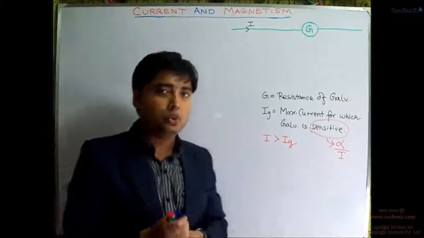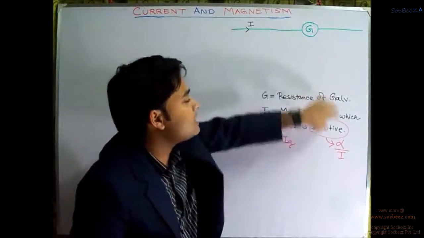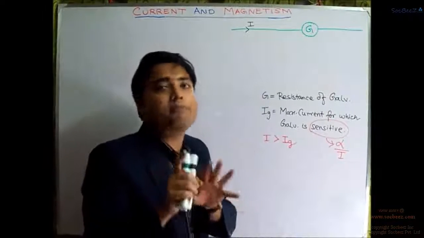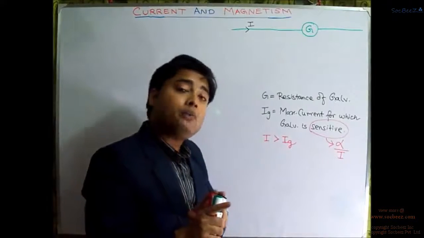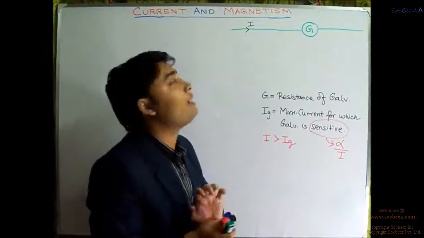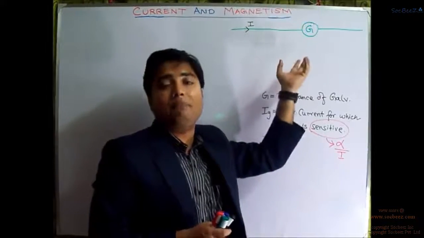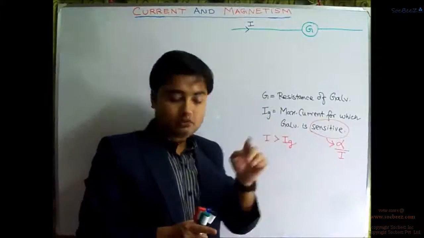So what we need to do is keep the sensitivity of this galvanometer fixed. Let us not decrease the sensitivity, but we have to devise something so that in the whole apparatus of the ammeter, this entire current flows through.